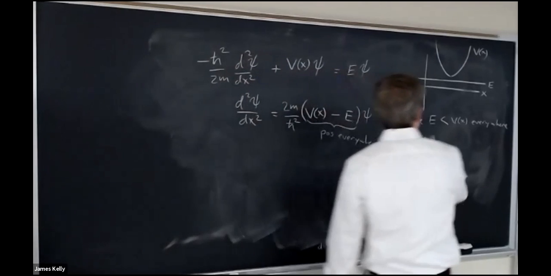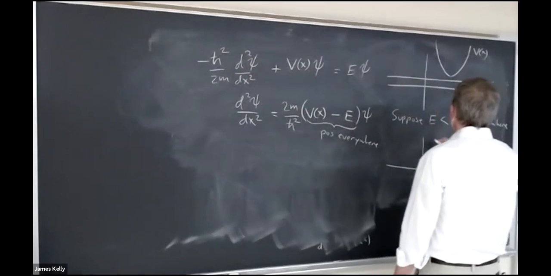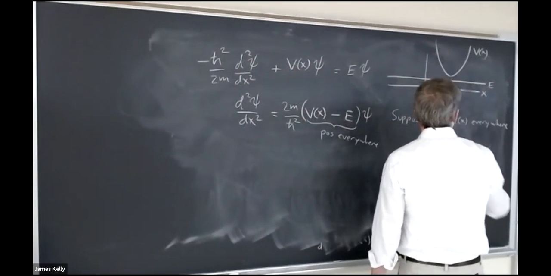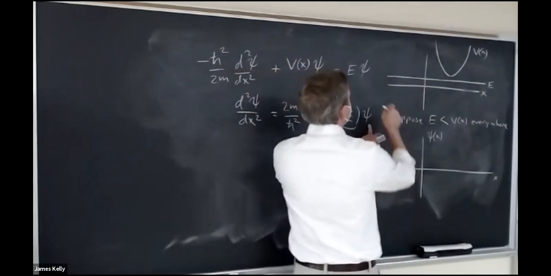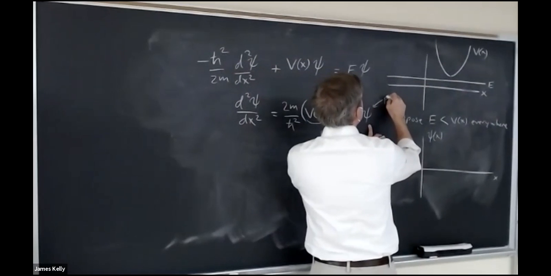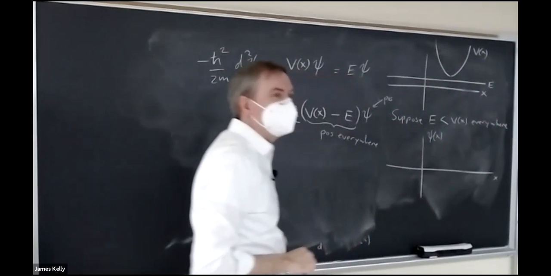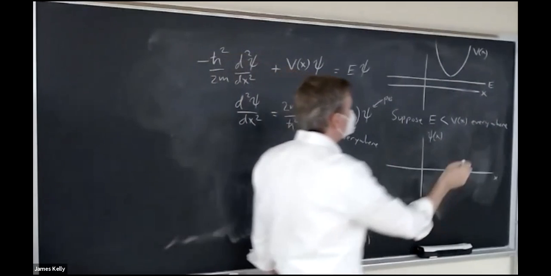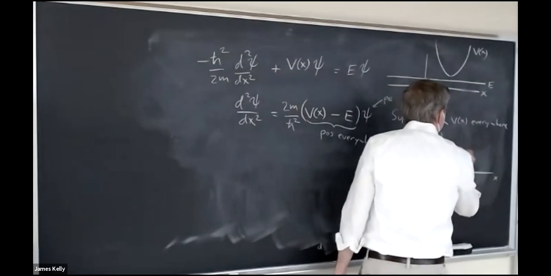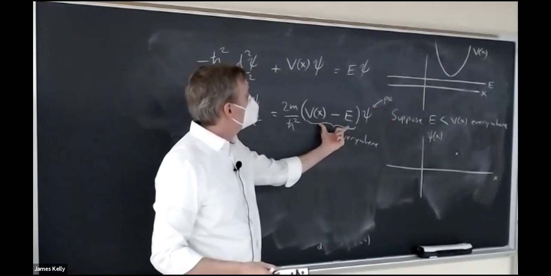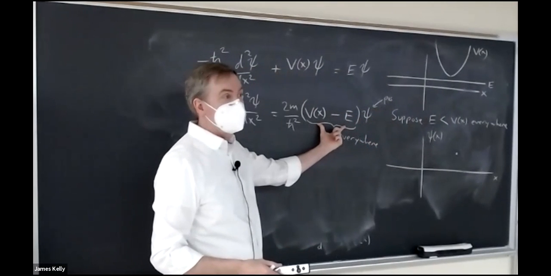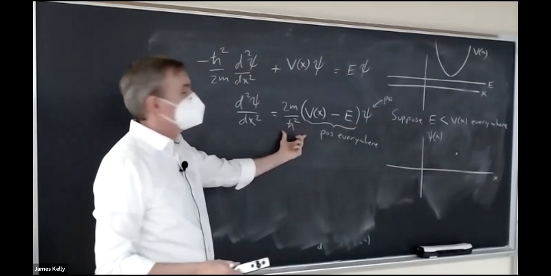Let's draw a picture now of psi as a function of x. Let's suppose that we're in a region where psi happens to be positive. So here I am at this x, suppose psi is positive. If psi is positive, and we're assuming that E is less than V of x, the whole right-hand side is positive.